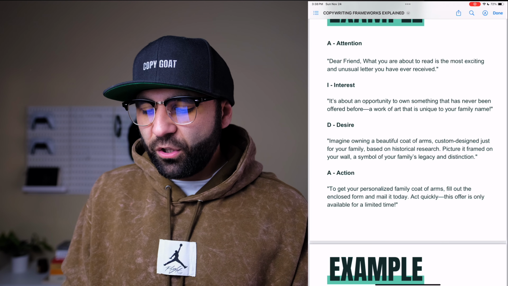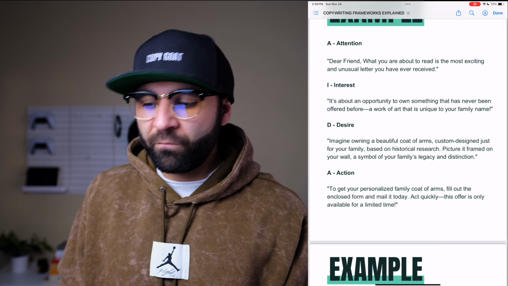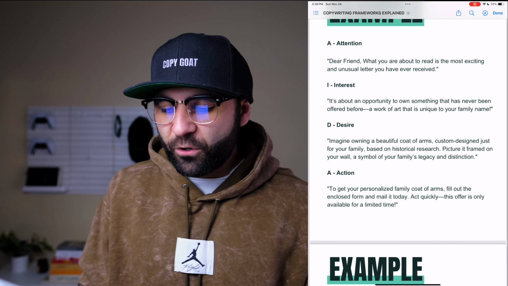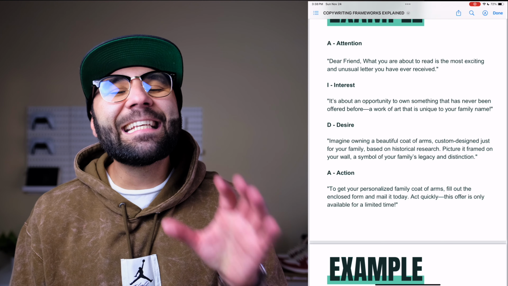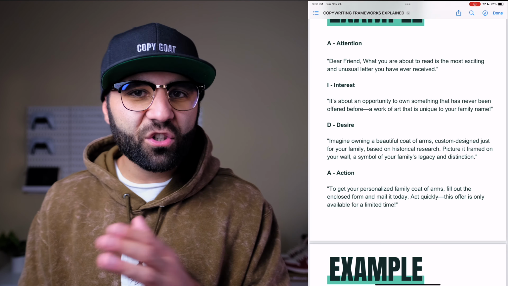And then the action, obviously, is a longer letter than just these 4 lines, but towards the end, he says, to get a personalized family coat of arms, fill out the enclosed form and mail it today. Act quickly. This offer is only available for a limited time. Okay, so in this, he says exactly what to do next. There's no guessing.